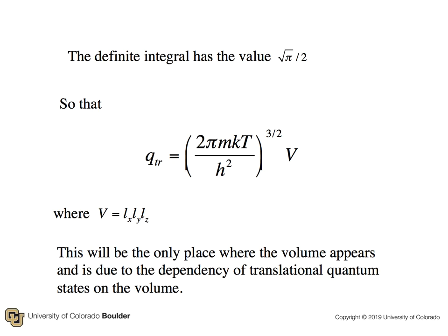Multiplying the three together, as we discussed, the translational partition function is 2 pi m, the mass of the atom, kT over h squared, all to the 3/2 power, times the volume. And it turns out that this is the only place where the volume appears, and it's due to the dependency of translational quantum states on the volume.